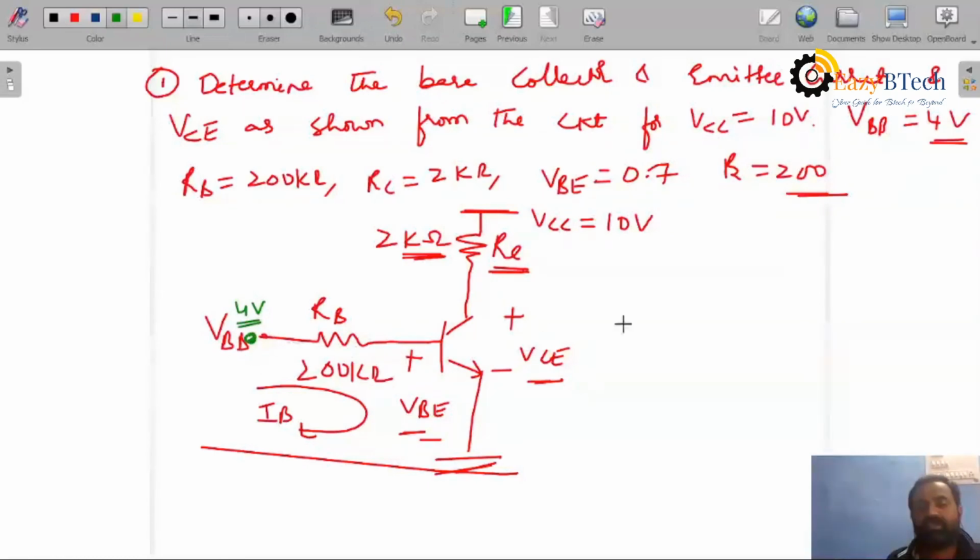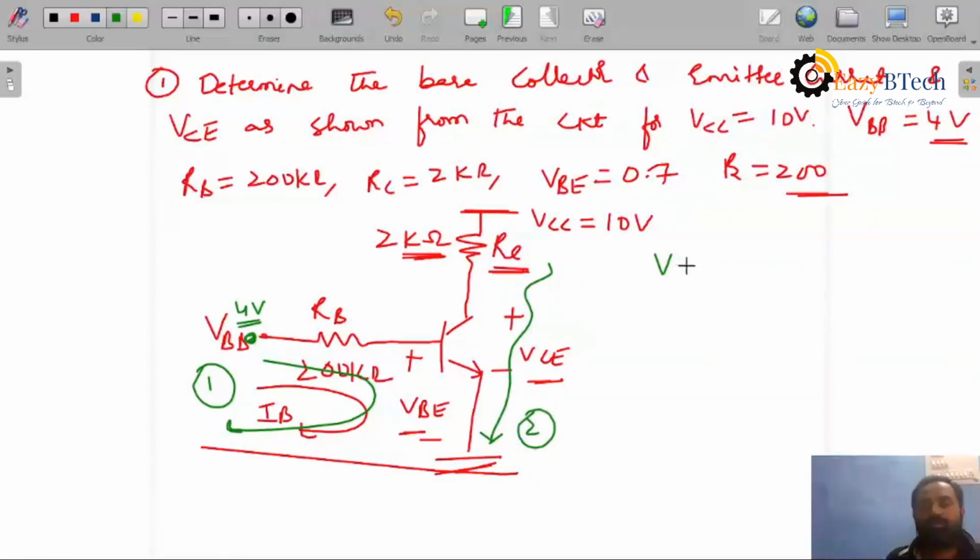Now to write this equation, first equation, it is a loop 1, first loop. VBB is equal to IB RB plus VBE, the first equation.